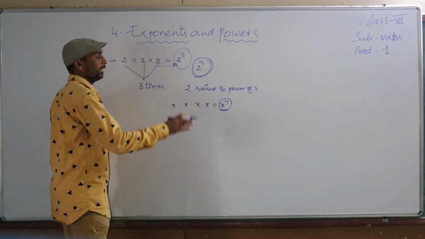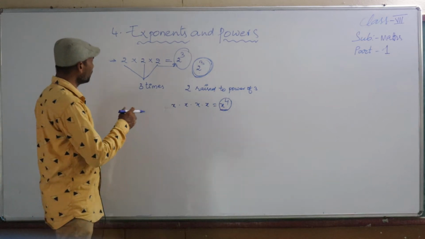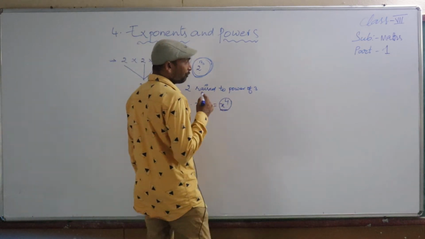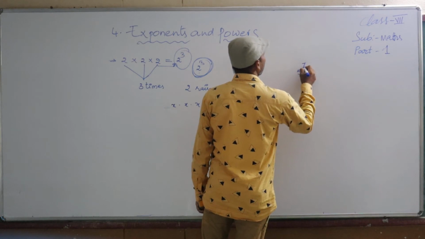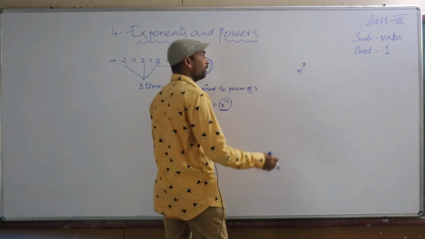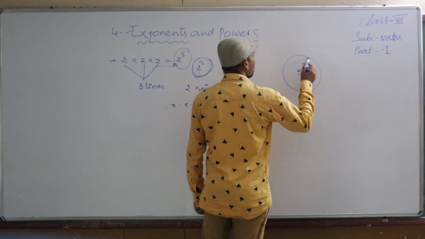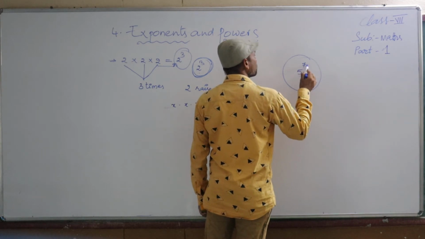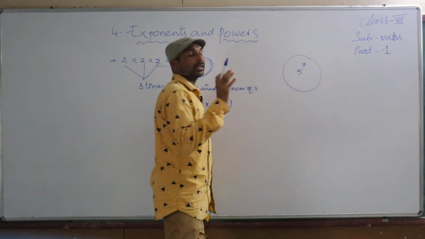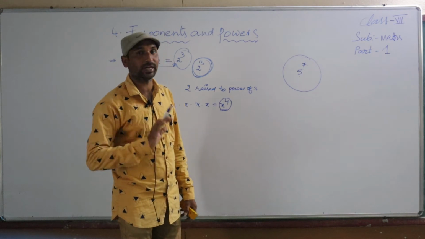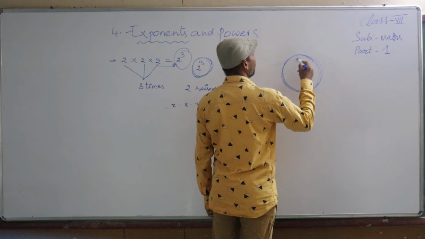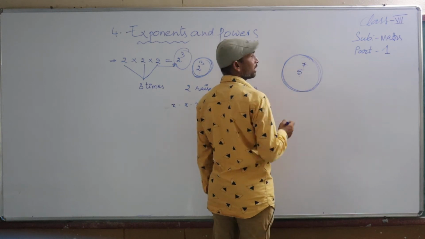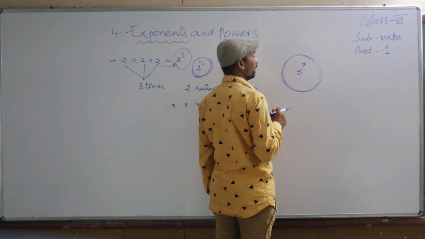Similarly, if you take 5 power 7, 5 raised to the power 7, we can say briefly 5 to the power 7 or 5 power 7.